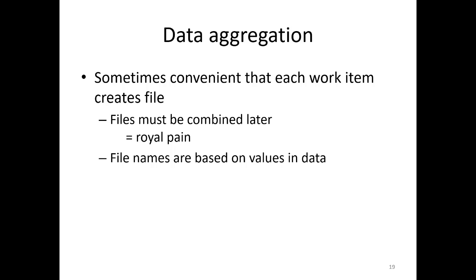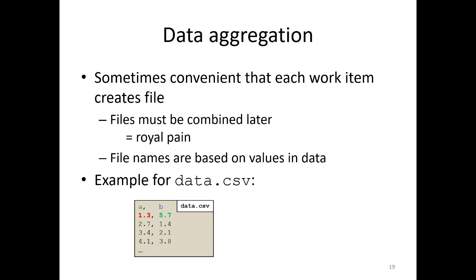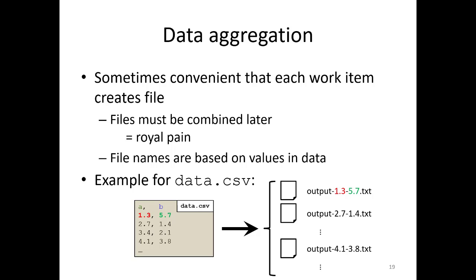So if you use file names that are based on values in the data, then it actually gets a bit easier. So for example, consider the data.csv file which is given here. There is a parameter a and a parameter b, and each of those are real numbers. Then for each row you might have an output file, and the name of that is based on the values of a and b.